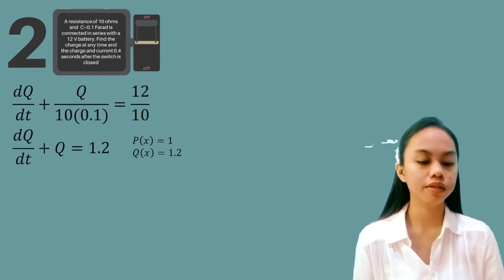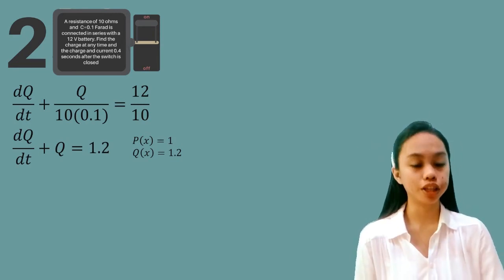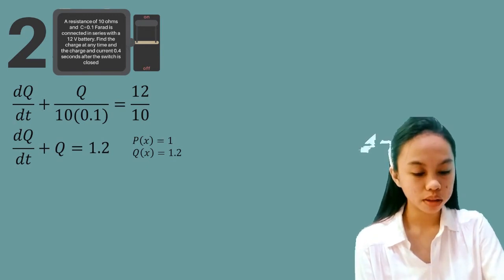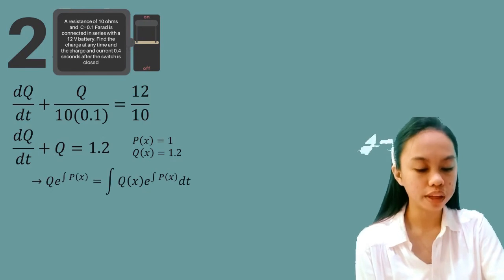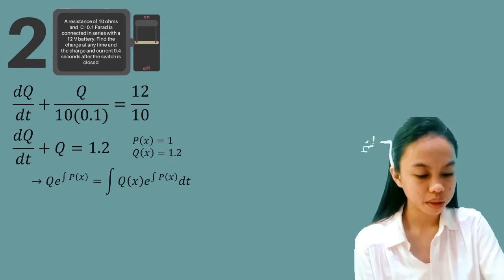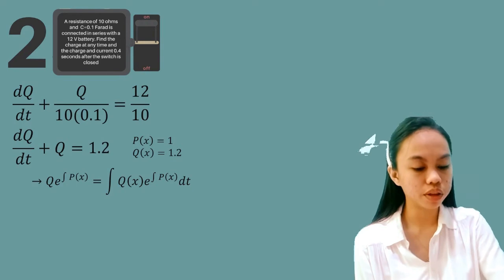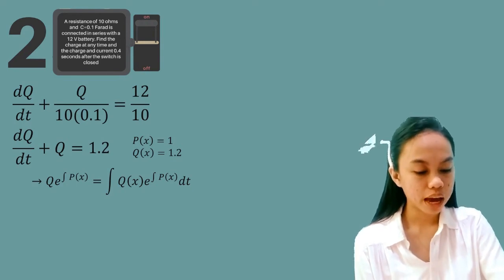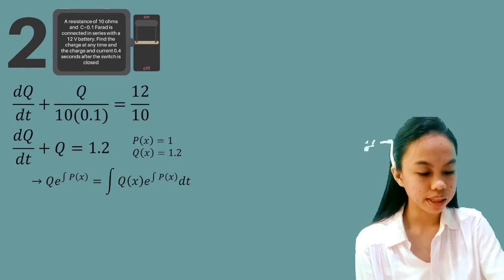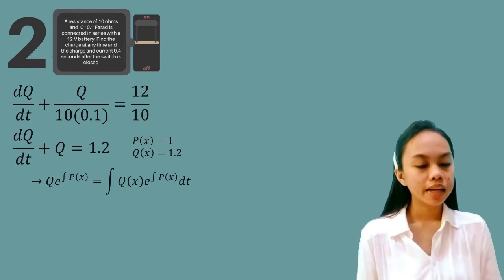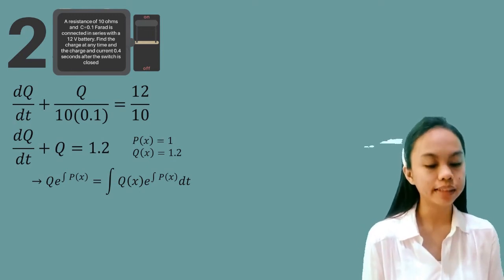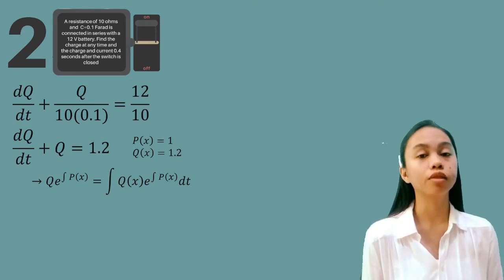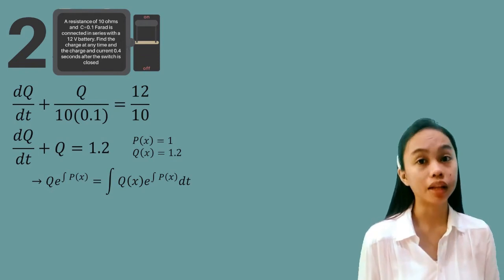The formula for the linear differential equation is q e raised to the power of the integral of P of x equals the integral of Q of x times e raised to the power of the integral of P of x dt. We will first get the integral of P of x so that we can substitute the values later.